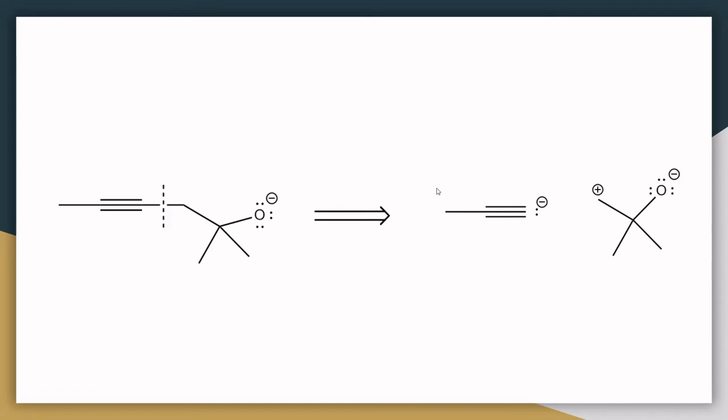One thing to note is that this triple bonded sp carbon with the anion is called an acetylide anion, and you will definitely be seeing and using these in many retrosynthesis and synthesis problems.